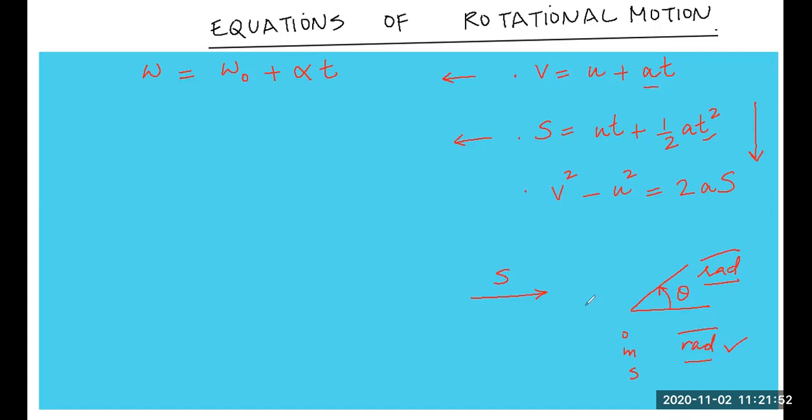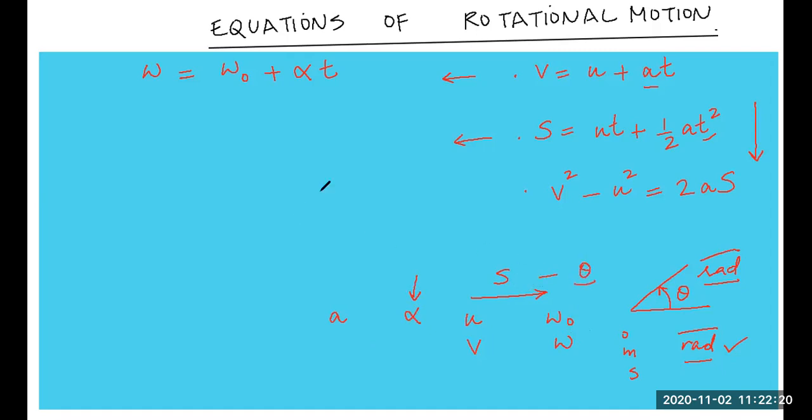Now, students, the distance is replaced by theta. Velocity u is replaced by omega naught, angular velocity. Final velocity v is replaced by omega. Acceleration a is represented by alpha, that is angular acceleration, and distance or displacement is replaced by theta.